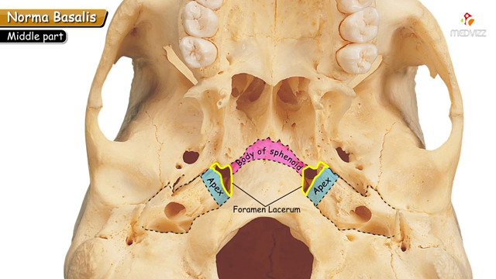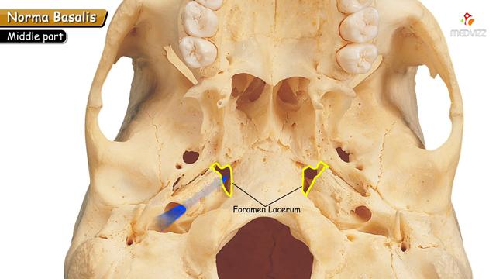Only two structures pass through it: one is the meningeal branch of the ascending pharyngeal artery, and the other is an emissary vein. The importance of this foramen is that the carotid canal, which we just saw over the petrous part, and the pterygoid canal open into the foramen lacerum from inside.